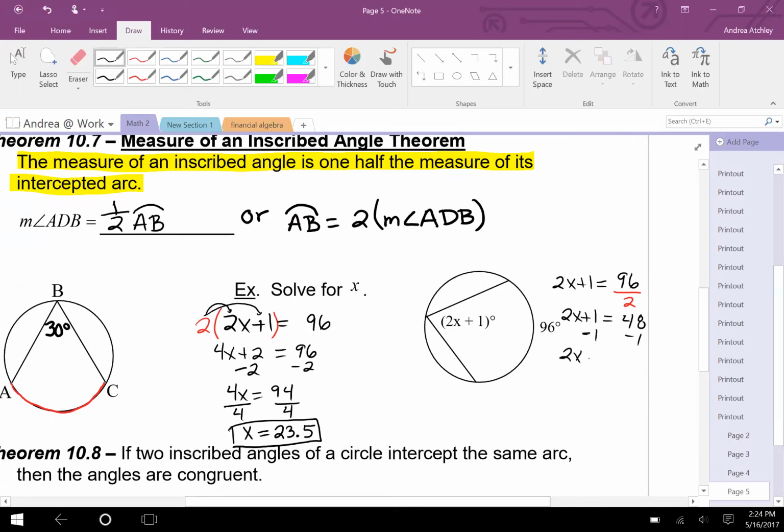That'll give me 2x equals 47. Divide by 2. Divide by 2. And I get 23.5. So it doesn't matter which way you decide to write this equation, you'll still get the same answer. Any questions over that?